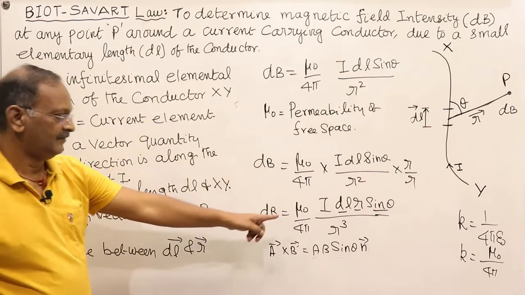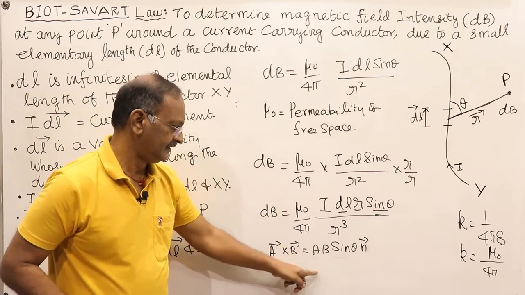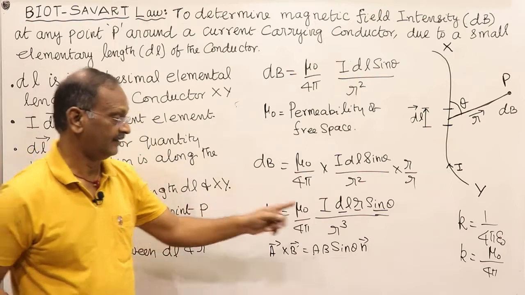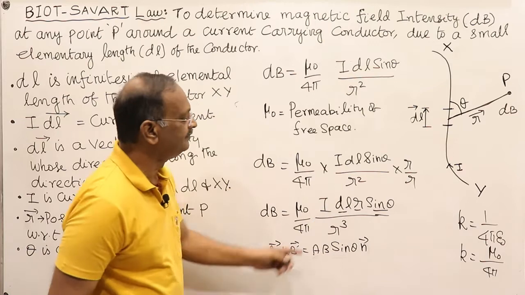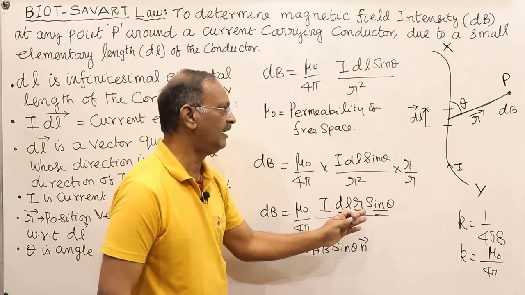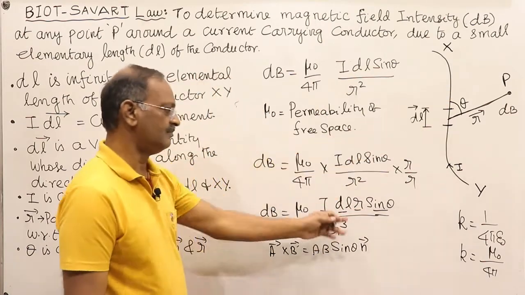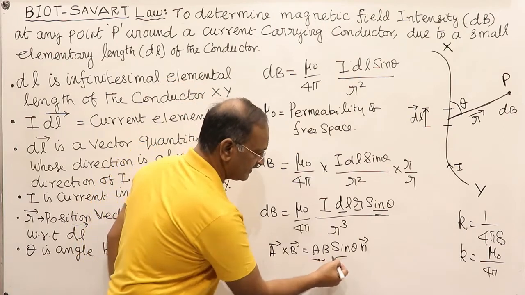So the first vector is I, the second vector is dl. Sorry, I is a scalar quantity, dl is a vector in this direction, and r is in this direction. Both are vectors with magnitude and sine theta.